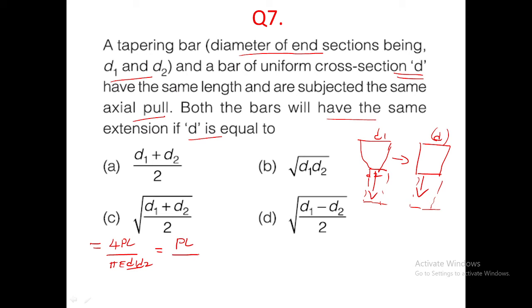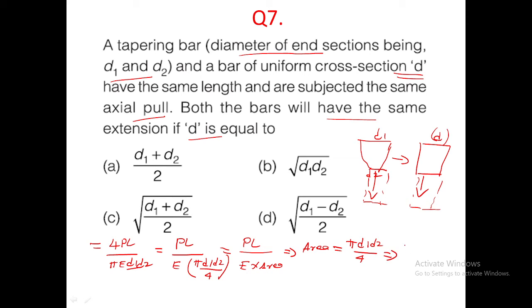So PL divided by E into pi D1 D2 divided by 4, that is PL divided by E into area. So area equals pi D1 D2 divided by 4.